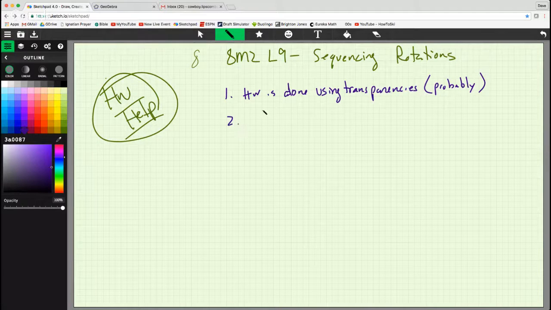Number 2, remember, rotations preserve, let's go all the way back to lesson 2, 3, 4. Rotations preserve A, angles, and B, line segments.